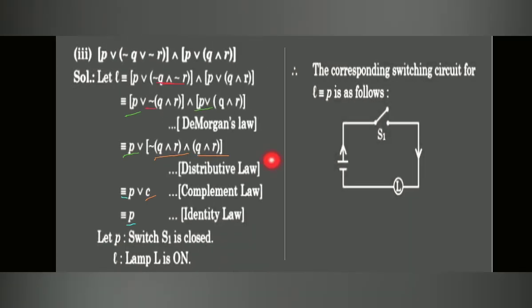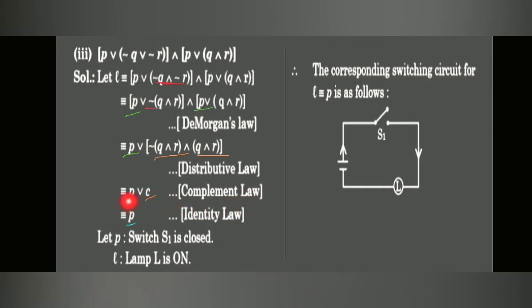Since P and ¬P is F, or C, where C means contradiction, or F. Suppose this bracket is P, and this bracket is ¬P, then ¬P and P is F or C. This is the complement law.